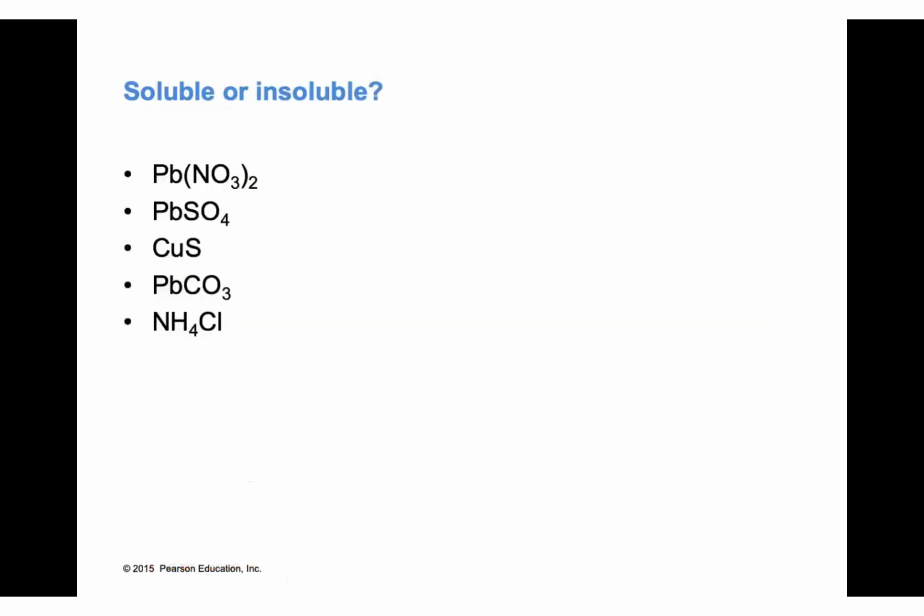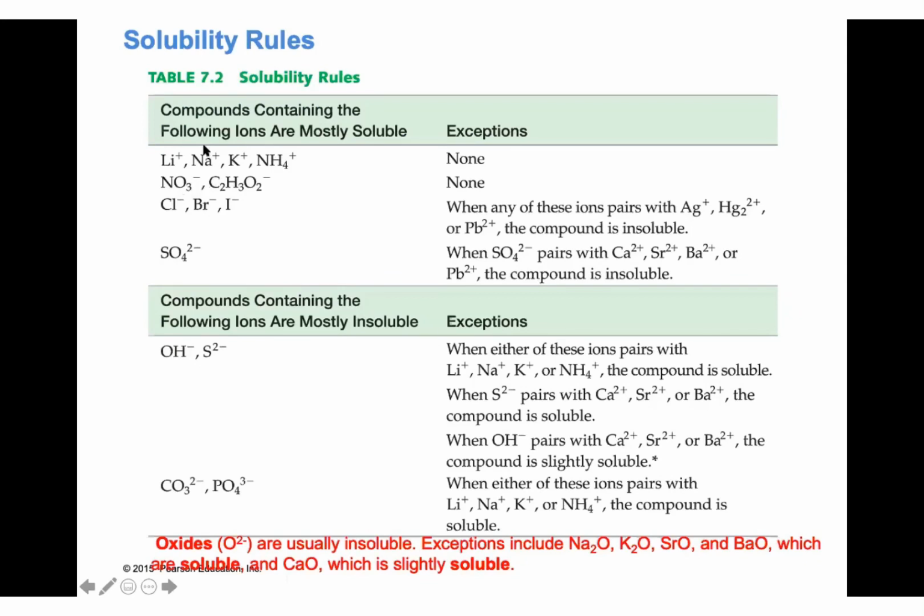Okay, let's see if these are soluble or insoluble. Pb(NO3)2, what do you think? It has a nitrate, right? So all the nitrates are soluble, right? You are going to look at this table and find out.